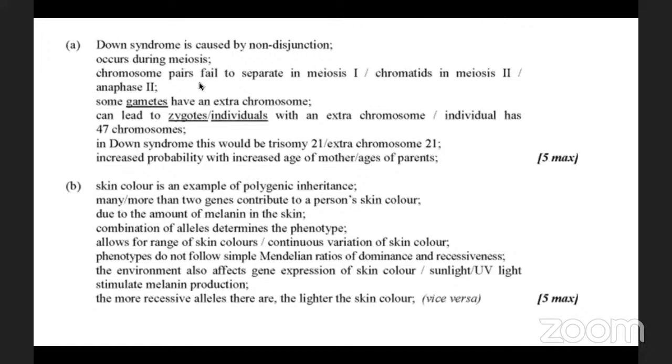So never mind. Down syndrome is caused by non-disjunction. So macam yang disebut kat bawah tu in the third line, non-disjunction occurs when chromosomes fail to separate in meiosis 1 ataupun the chromatids fail to separate in meiosis 2 or anaphase 2. Why do they fail to separate? This can be caused by a number of reasons, including number 1, the centromeres fail to divide, or the second one, there is a failure in the formation of apa nama benda tu?